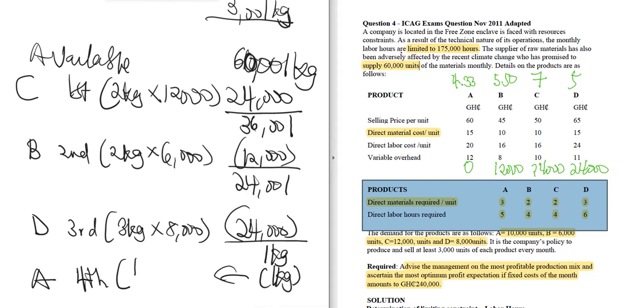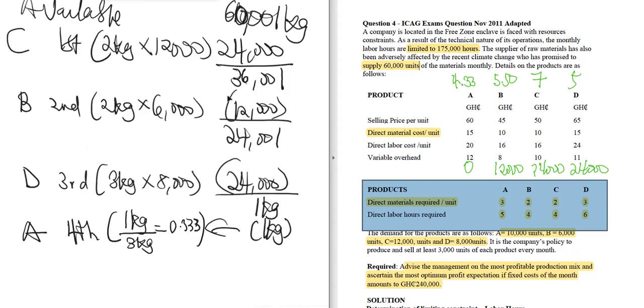So this 1 kg over the 3 kgs should give me 0.33333 units, right? It means that 1 kg can produce 0.3333 units.